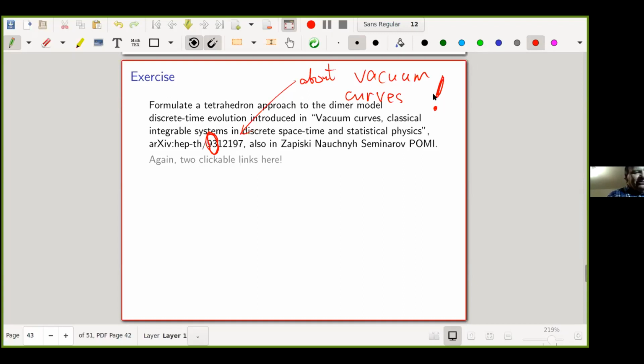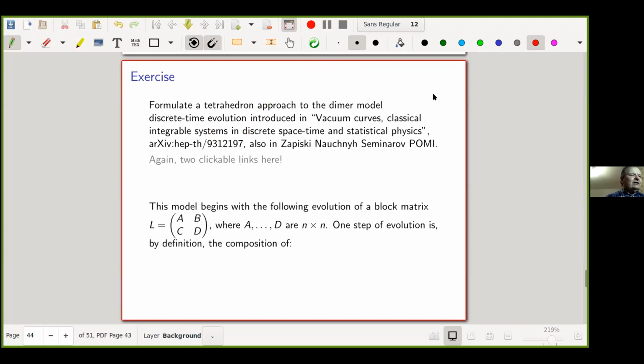and I even suspect that there are some young people who already know the answer to this exercise. So I myself did not do this exercise, but there is a similar model where I think tetrahedron inevitably can be applied also. And this other model begins as follows. You take a simpler block matrix where all dimensions are n.